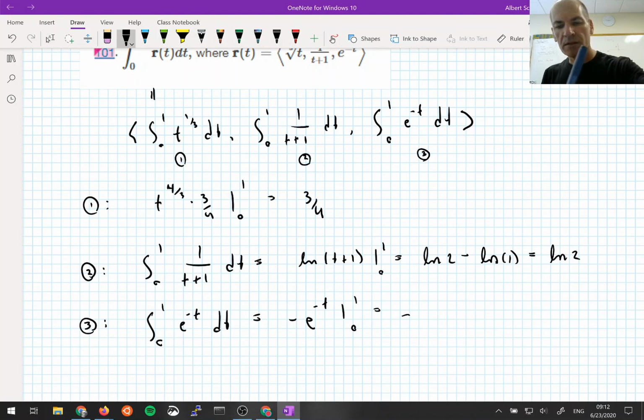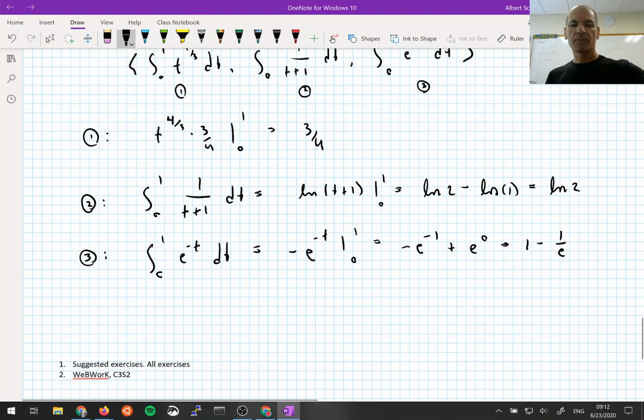We plug in 1, and we plug in 0 and simplify: 1 minus 1 over e. That's the third coordinate. We put them all together, and the integral of this vector valued function from 0 to 1 is 3/4, natural log of 2, and 1 minus 1 over e.